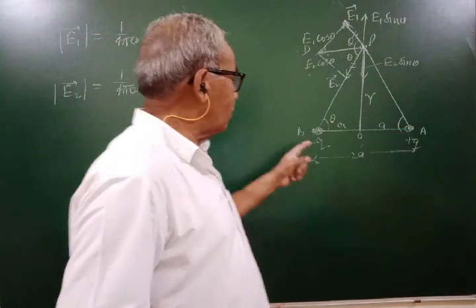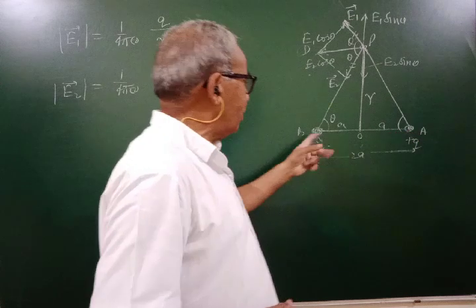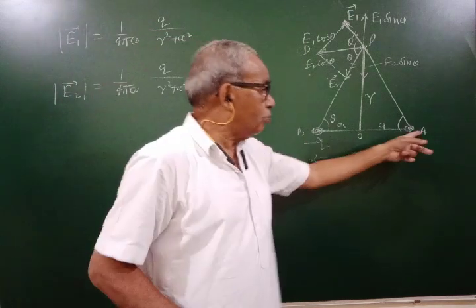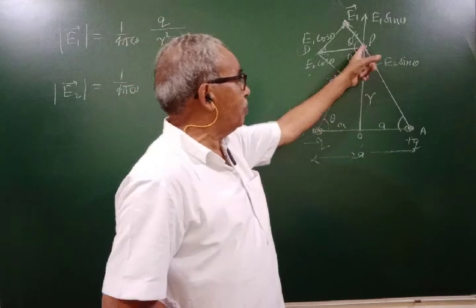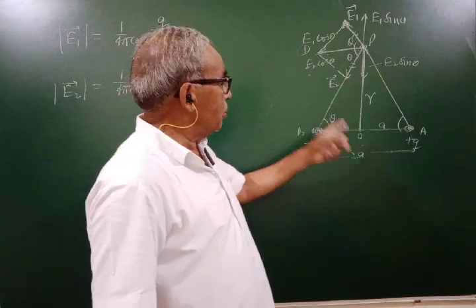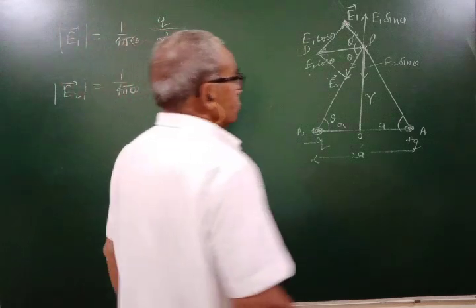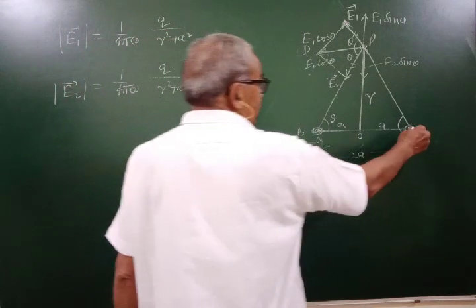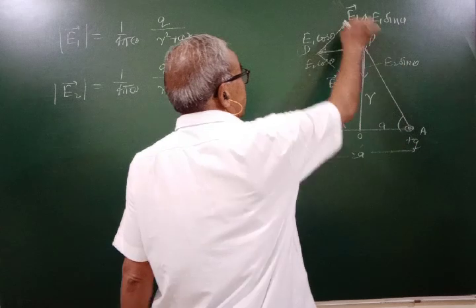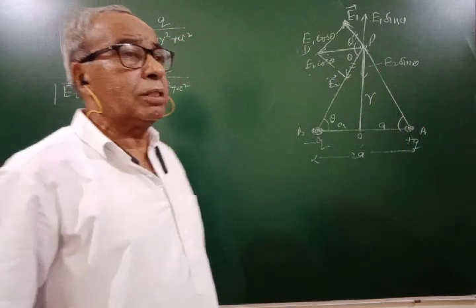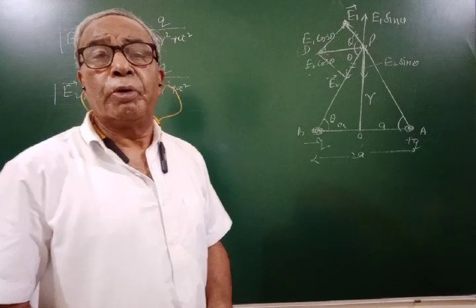Let plus and minus q charges be placed at points A and B at distance 2a. This forms a dipole. To find the electric field at P, which lies in the equatorial plane, we first find the electric field due to plus q charge, E1, along this direction, because electric field direction is the direction of force on a positive charge.